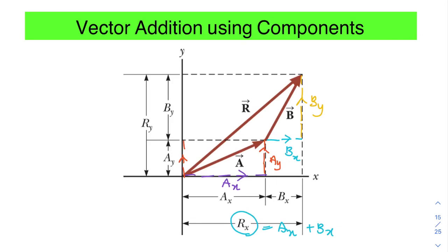This is By. You can shift it here. So adding up By and Ay will give you Ry. This is what is meant by components. We are doing the same thing as the table that Madam taught you before.